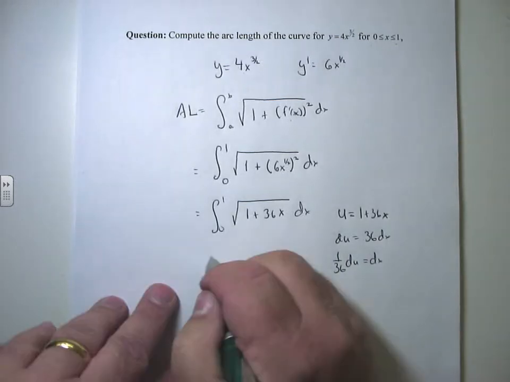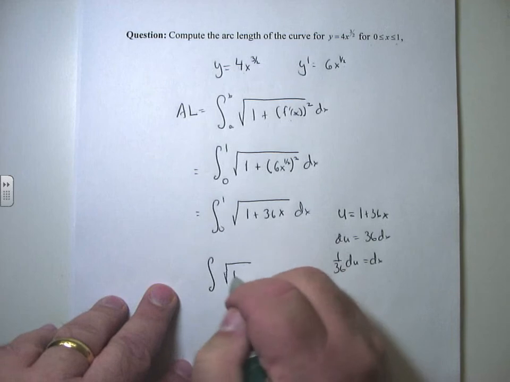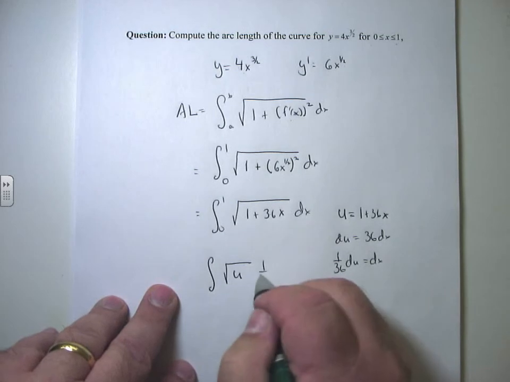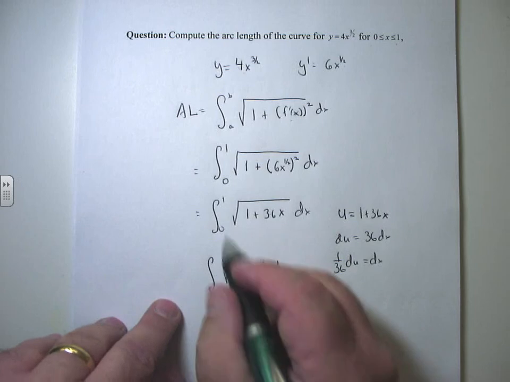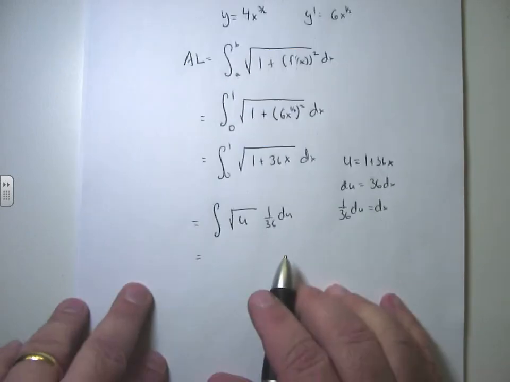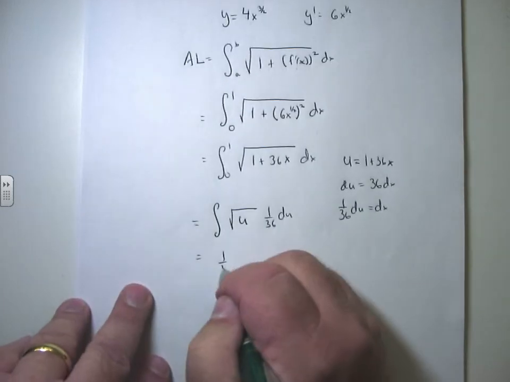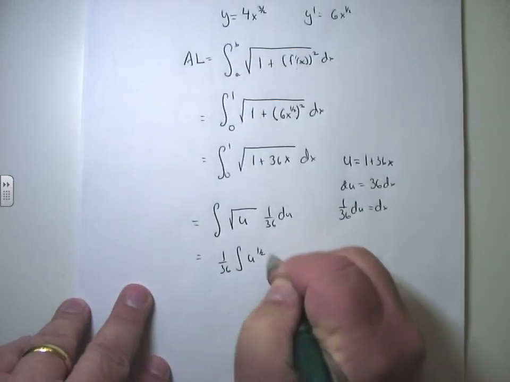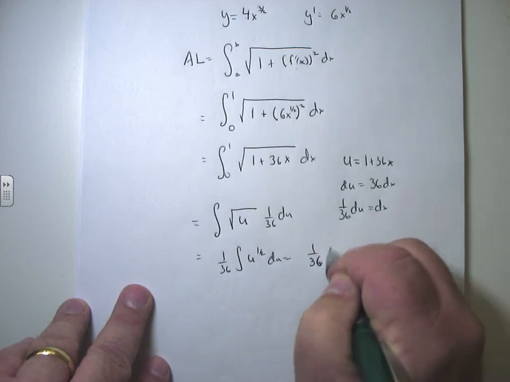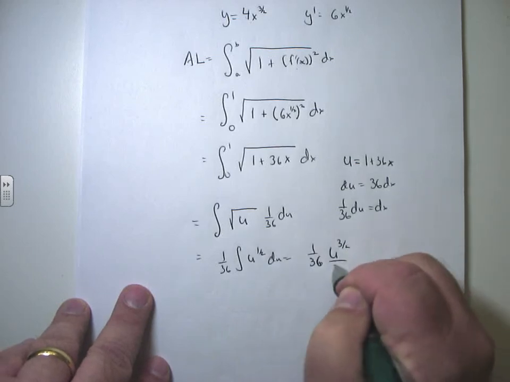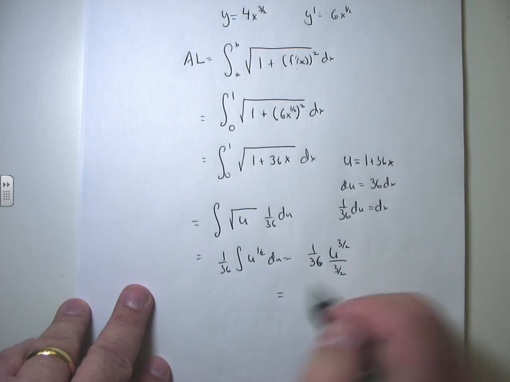Plugging it in, this becomes the integral of the square root of u, and dx is 1 over 36 du. I'm going to just go ahead and integrate and then plug back in. So this will be 1/36 integral of u to the 1/2 du, which is 1 over 36, add 1, u to the 3/2 over 3/2. No plus c because we've got bounds.